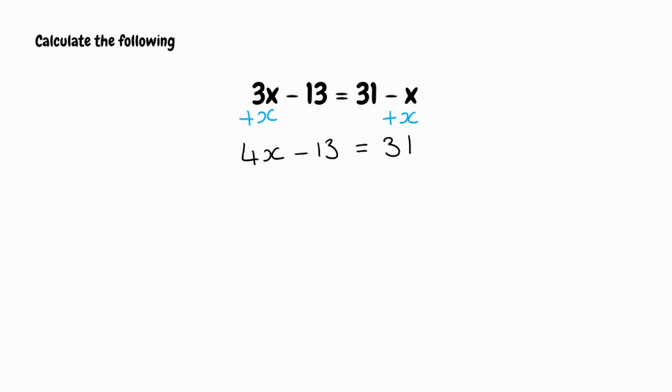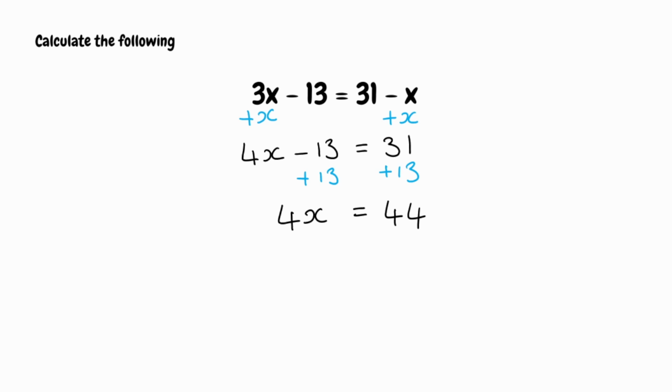So now what we want to get rid of is that take away 13. Well, the opposite of that would be to add 13. So I'm going to add 13 to the left-hand side, and I'm also going to do that to the right-hand side. So now on the left-hand side we're left with 4x, as the 13s have cancelled, is equal to, and then if we do 31 plus 13, that gives us 44. So 4x is equal to 44.